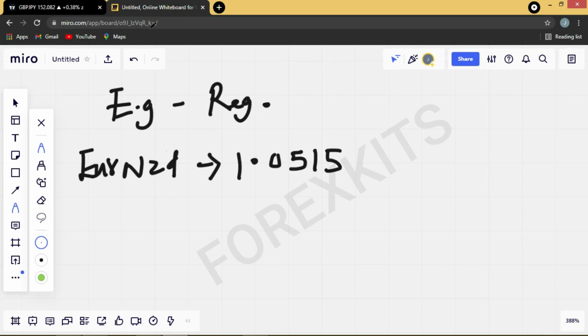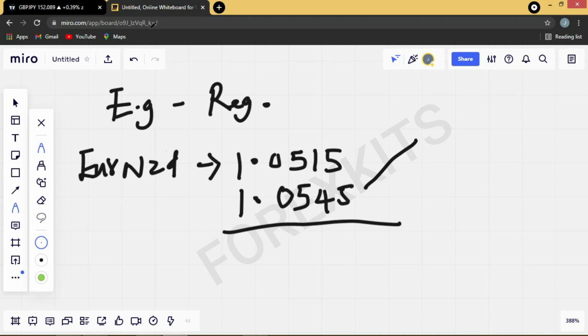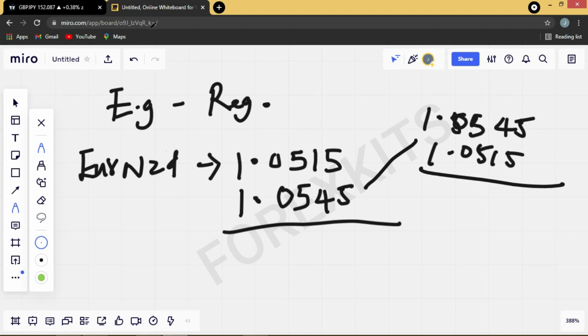And then this is where price currently is at, 1.0545. We want to know the difference between these two. Because there's been a movement upwards, a positive increase from 15 to 45, we do 1.0545 minus 1.0515.